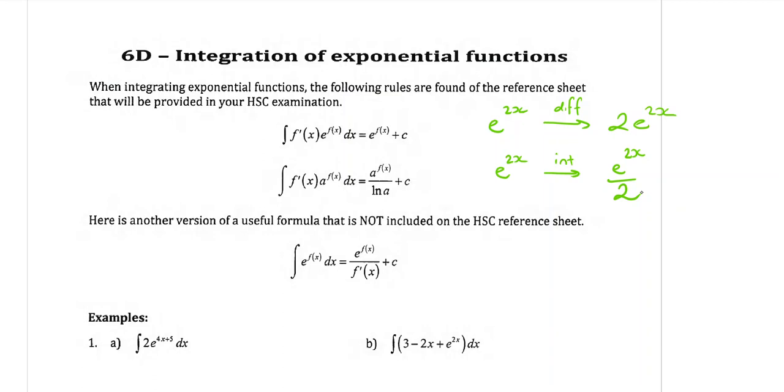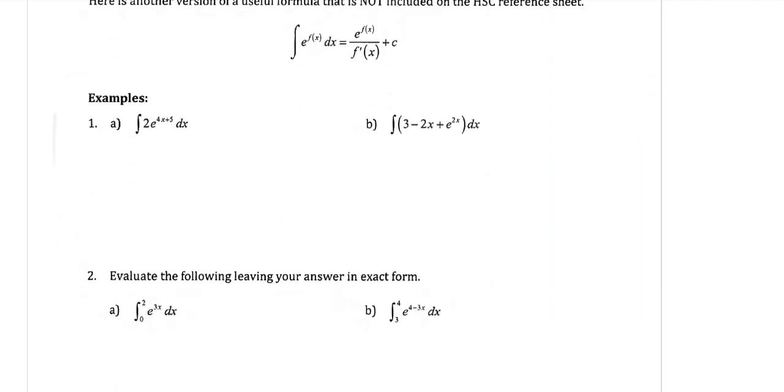Okay, so I think that's an easier process than trying to get that number in the front. So here is another version that is useful, but not included. If you're integrating e to the f of x, it's e to the f of x over the derivative on the bottom. You see.